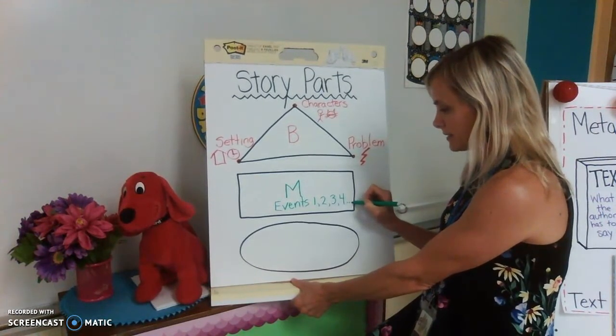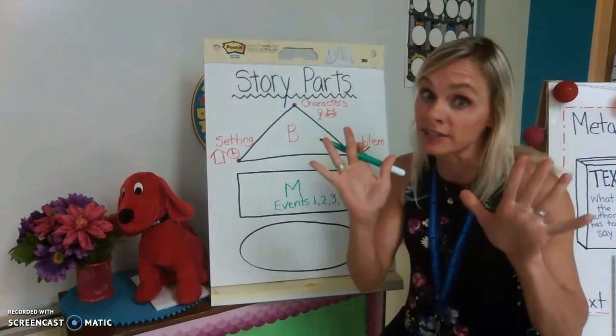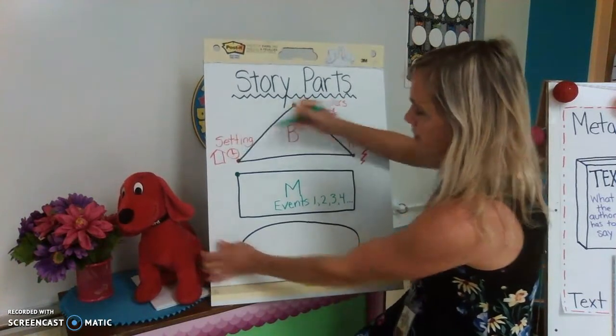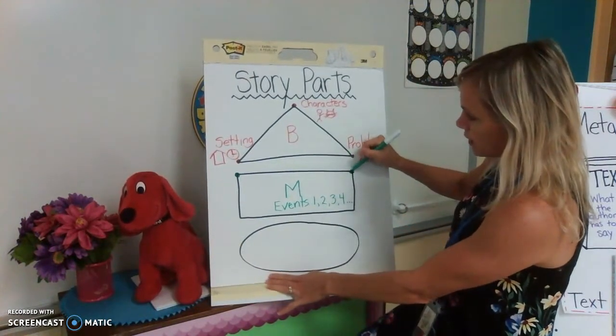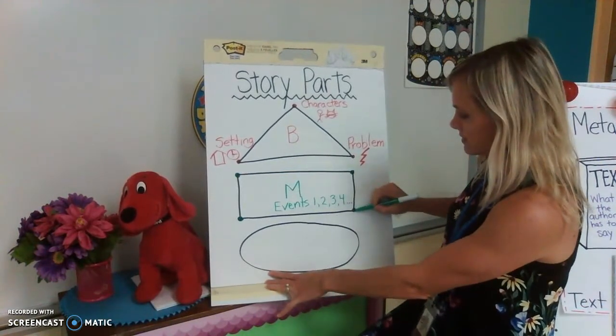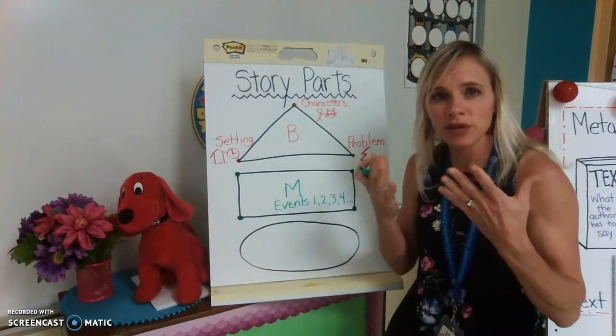I'm going to put a ... because there may be more than 4 important events. But that square helps you remember the events because there's 4 corners. So try to tell 4 events. Sometimes stories are short. Maybe there's only 3 events, and that's okay too.